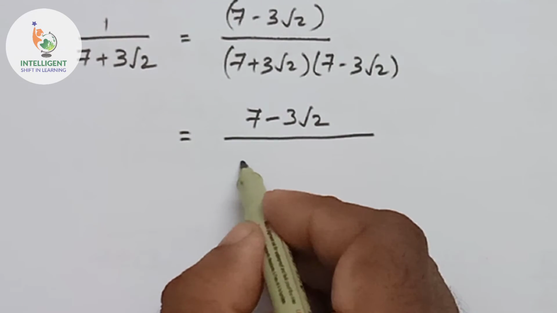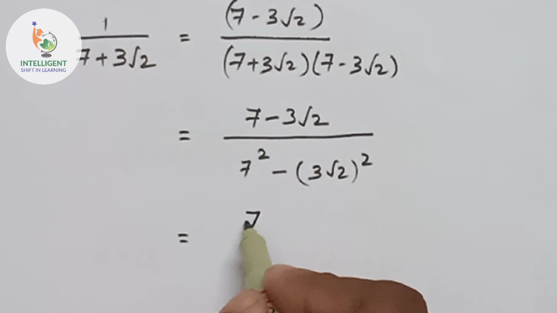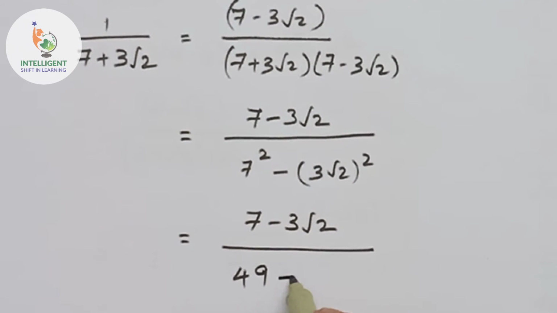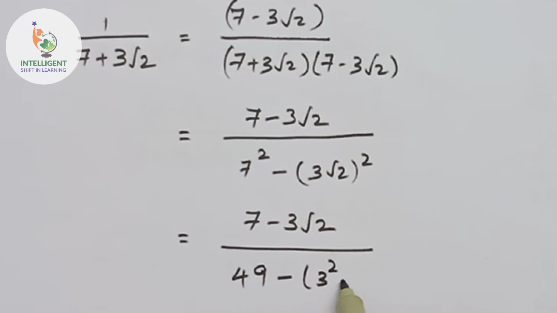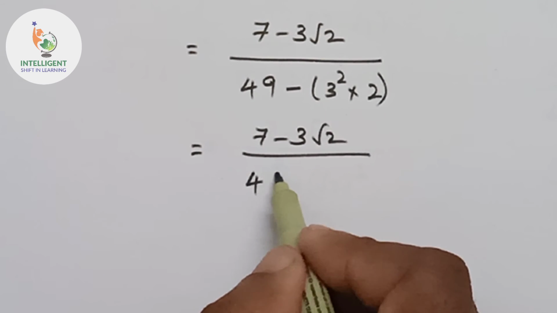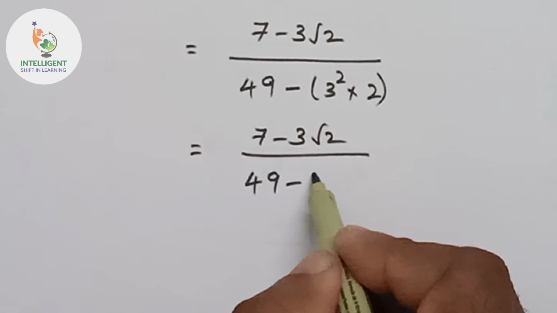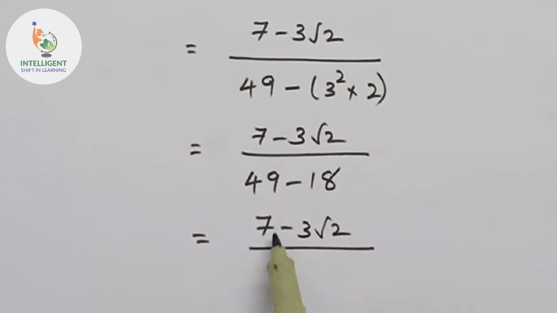b square, that is 7 square minus 3 root 2 the whole square equal to 7 minus 3 root 2 divided by 7 square is 49 minus 3 root 2 square, that is 3 square into root 2 square is 2, that is 7 minus 3 root 2 by 49 minus 3 square is 9, 9 into 2 18, which will be equal to 7 minus 3 root 2 divided by 49 minus 18, that will be equal to 31.